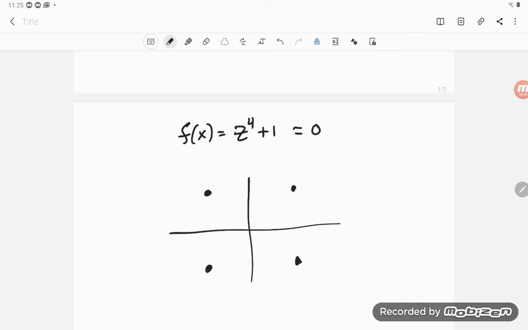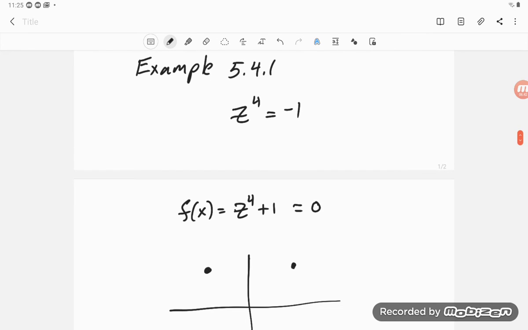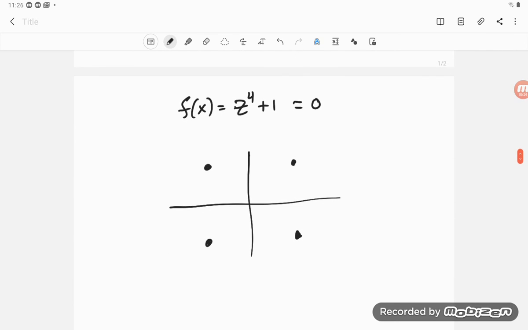Okay, if I had a real root, but now I don't, because notice, it's z to the fourth is -1, so no, I'm not going to have any real roots on that. But if I had a pure imaginary root, then it would have to be one up here and one down there. Actually, the roots are going to look more like what I drew for the first 4.